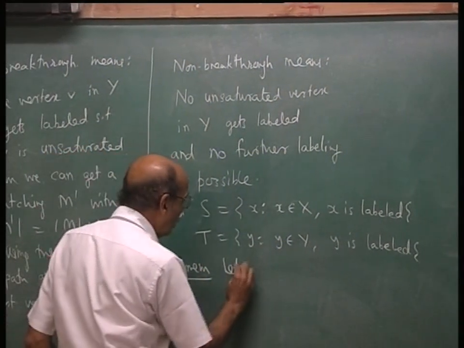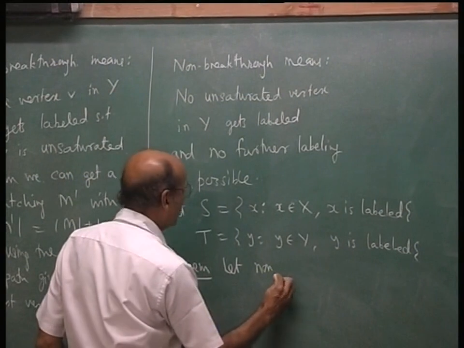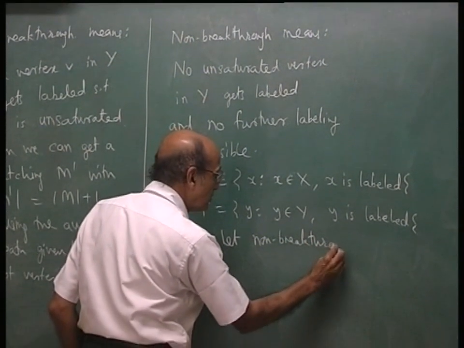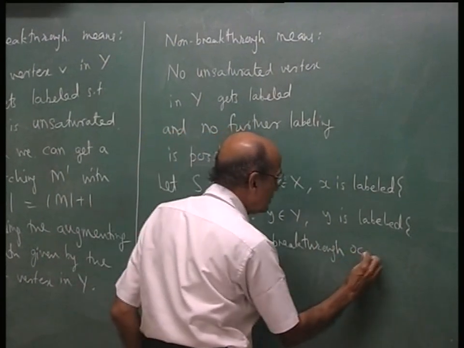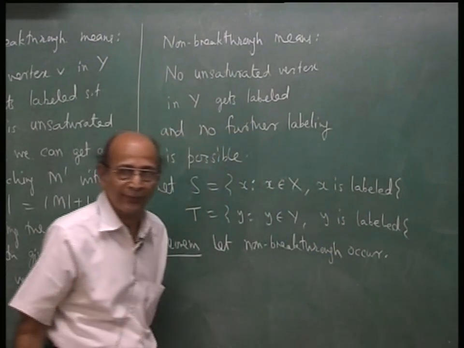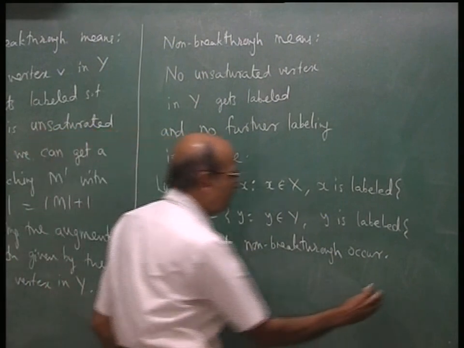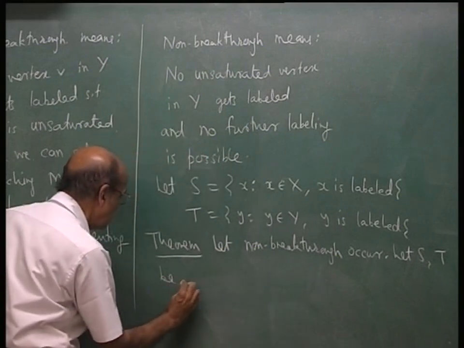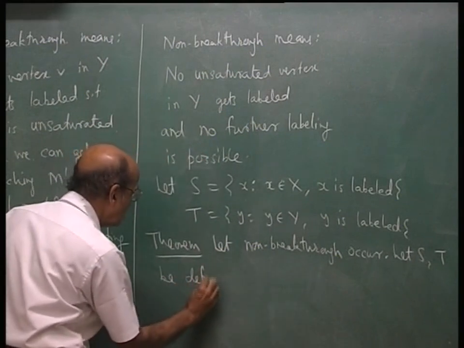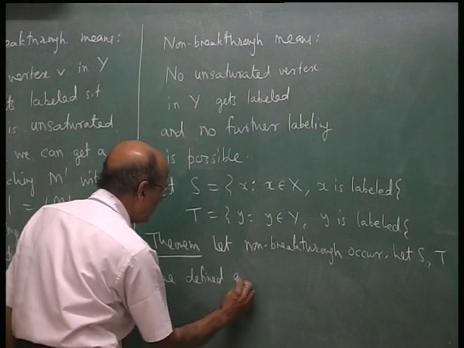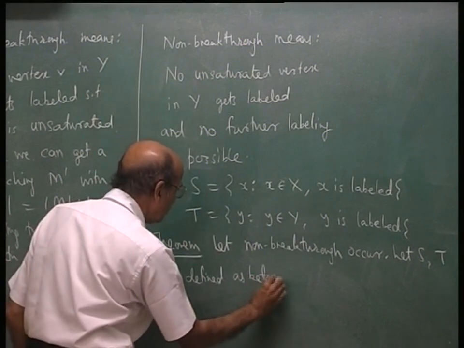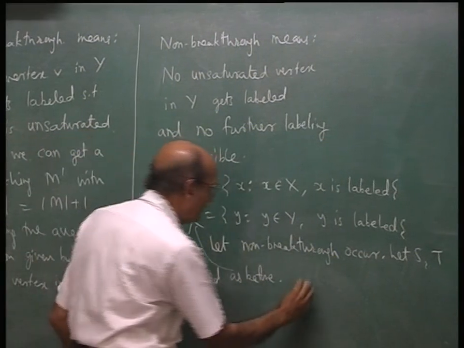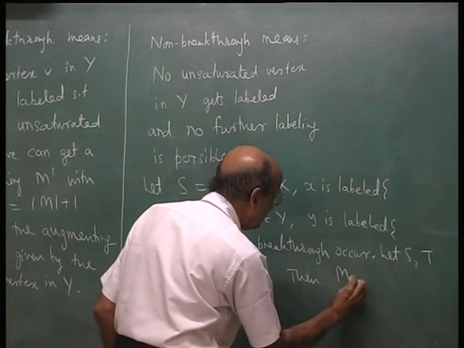Let non-breakthrough occur, and let S and T be defined as before, on those lines. Then M is a maximum matching.